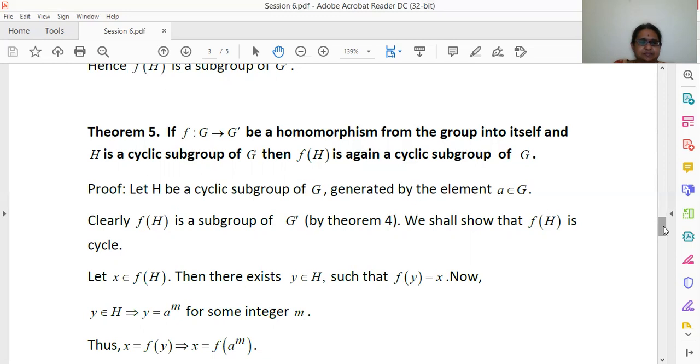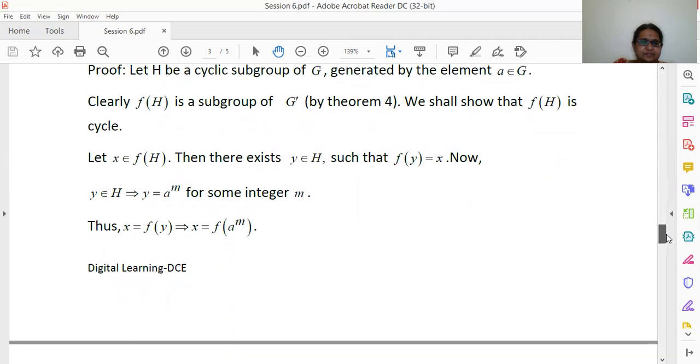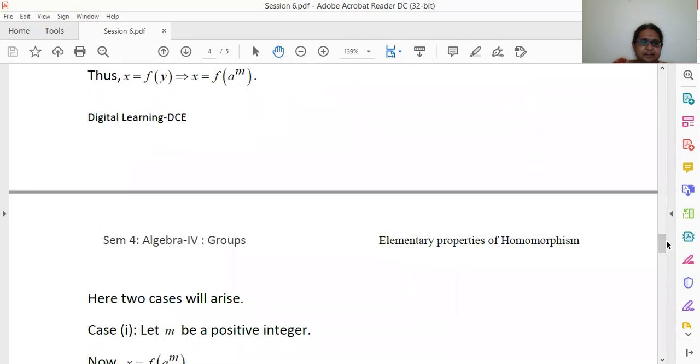Thus, x is equal to f of y, that is, x is equal to f of a power m. Now, m can be positive or m can be negative. In both cases, it has to satisfy.